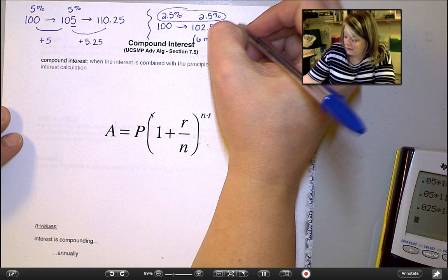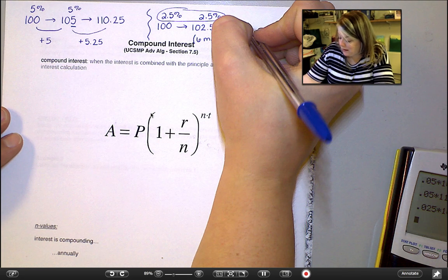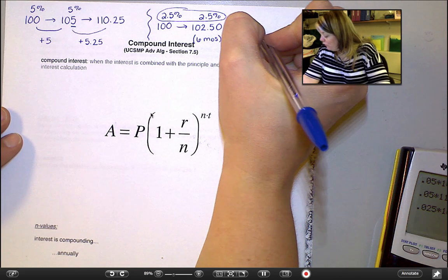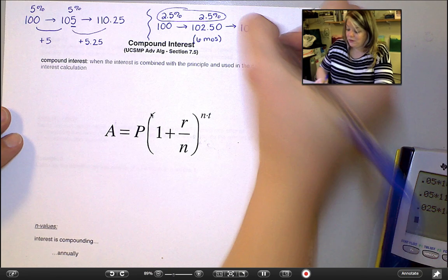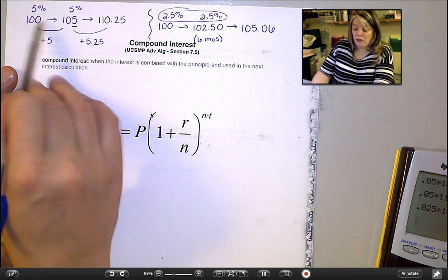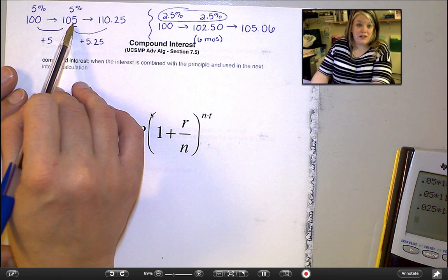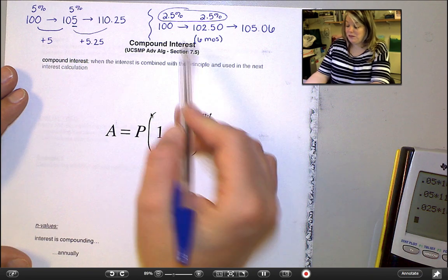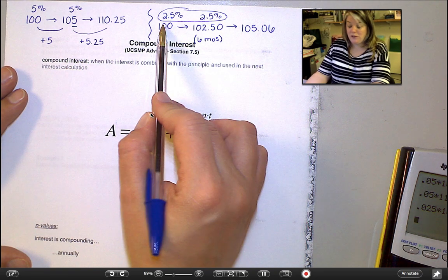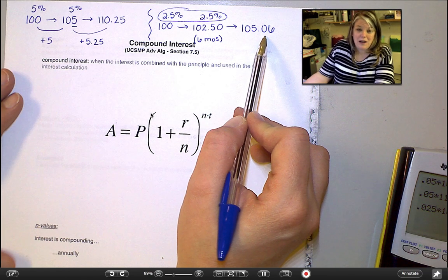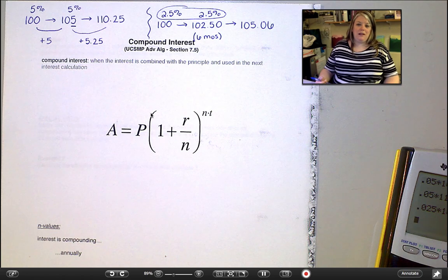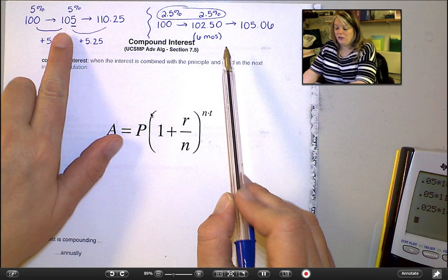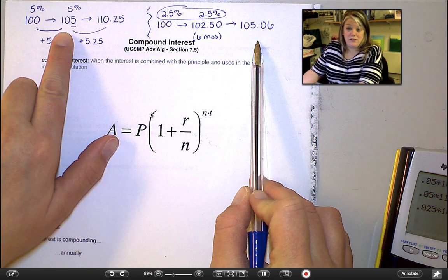And so you would end up with $105.06. Okay? As opposed to back here where we just did one jump of 5%, we got 105. If you split it up this way, 2.5 and 2.5, you actually ended up with a tiny bit more. And again, I realize that that tiny amount might not seem like a lot, the difference between having $105 or $105.06.